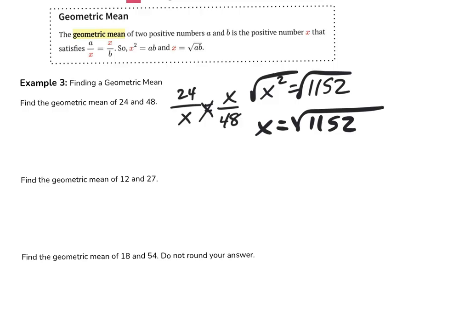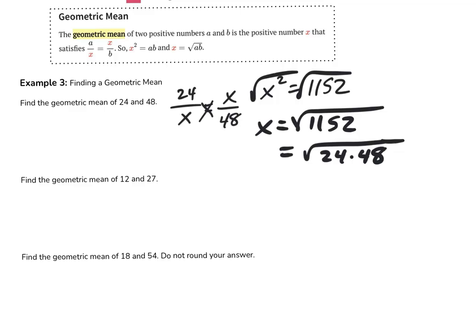I'm looking for pairs. The first thing I would do here is, I know that I multiplied 24 and 48 together at the very beginning, right? Everybody agree with me there? So I know this is really 24 times 48. And here's what you can pay attention to: what's the relationship between 24 and 48?